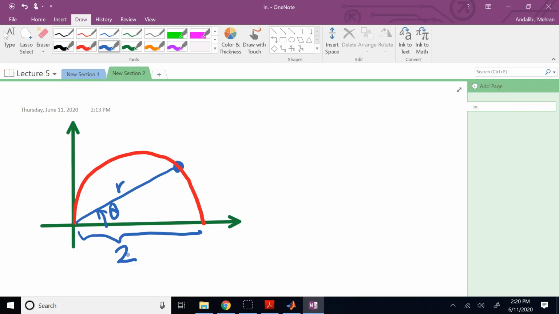Okay? So now let me ask you, if I connect this point to the other side of the semicircle like this, what angle is this guy?